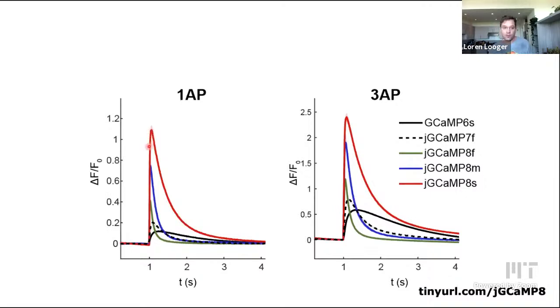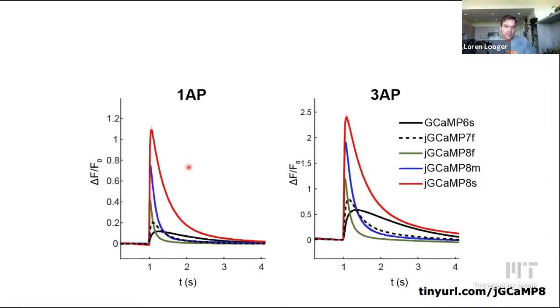You get a bigger fluorescence response because although the calcium trace is much slower than the action potential itself, it is still pretty fast. When your sensor is slow, by the time it starts to build up, the calcium trace is already going down, and so you miss a lot of it.